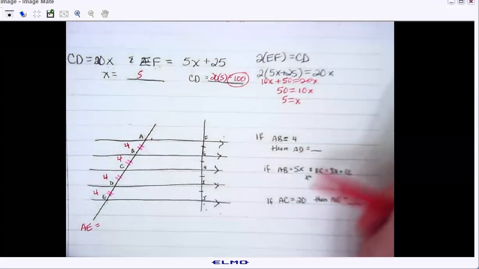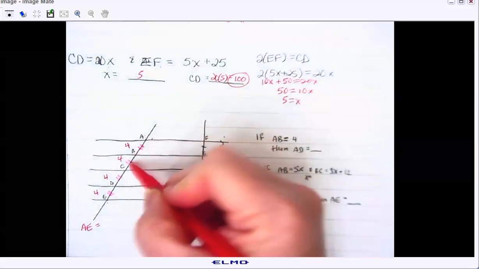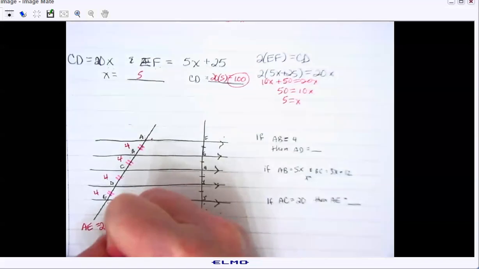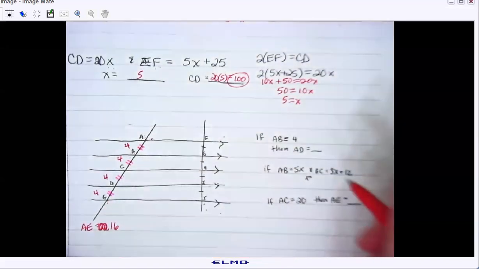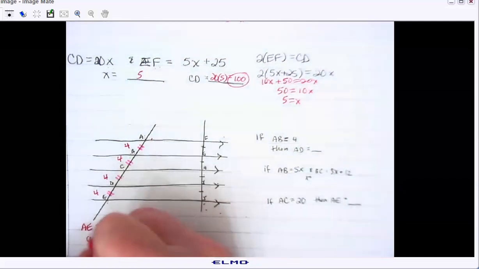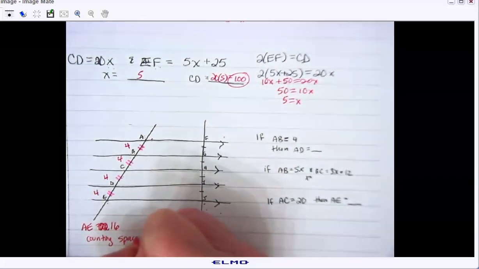But as the people in the chat put it, it's not 20, it's 16, because we're counting spaces or intervals and not letters. So AE would equal 16, not 20. Okay, so we're counting spaces, not letters.